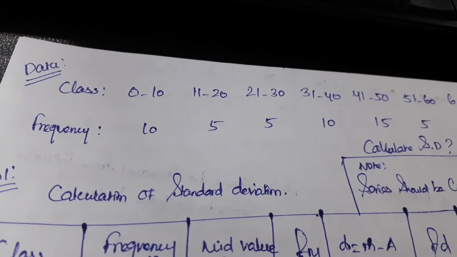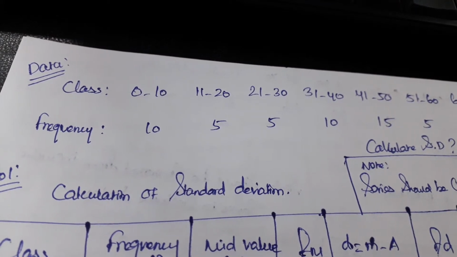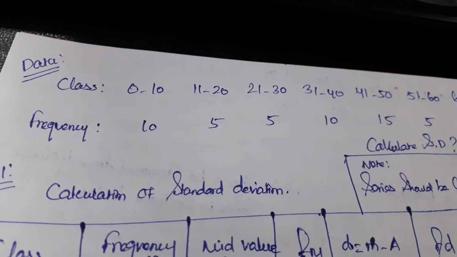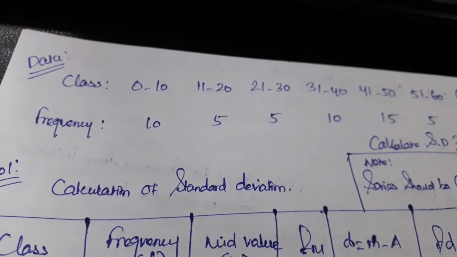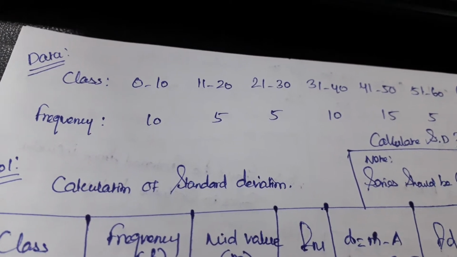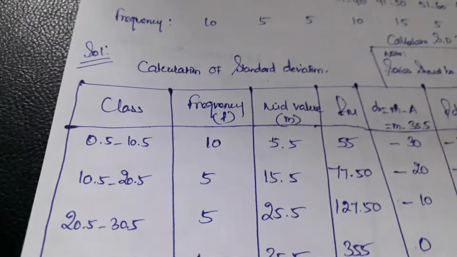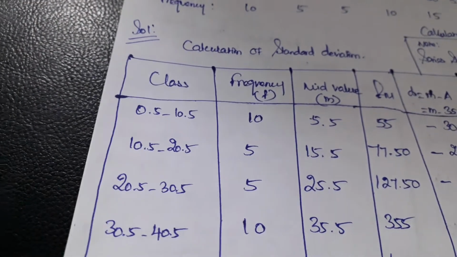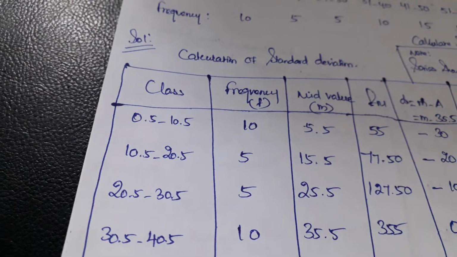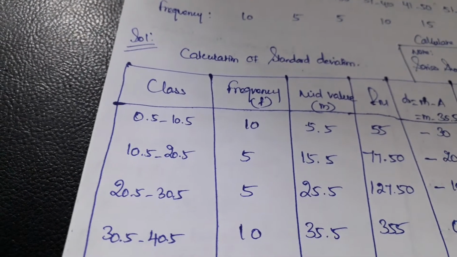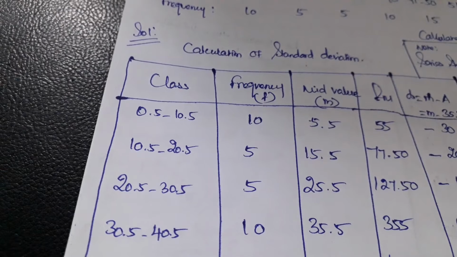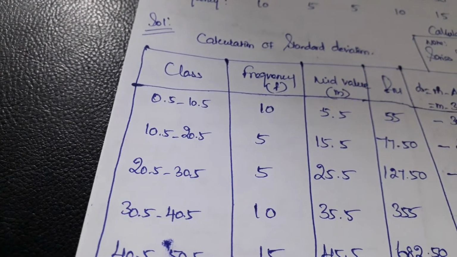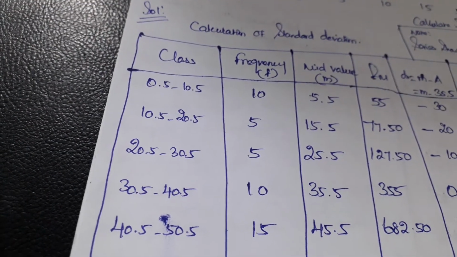Take the first value of the second interval, that is 11. If we add both, we get 21. Then we need to divide by 2. How much do we get? That is 10.5. So the width of the class interval is 10, 0.5 to 10.5. Like that we need to make the first column: 0.5 to 10.5, 10.5 to 20.5, like that.